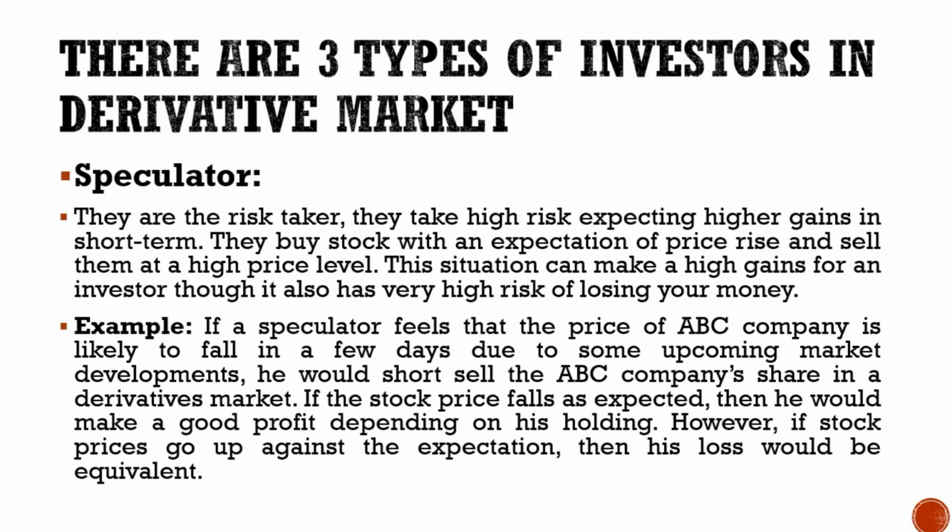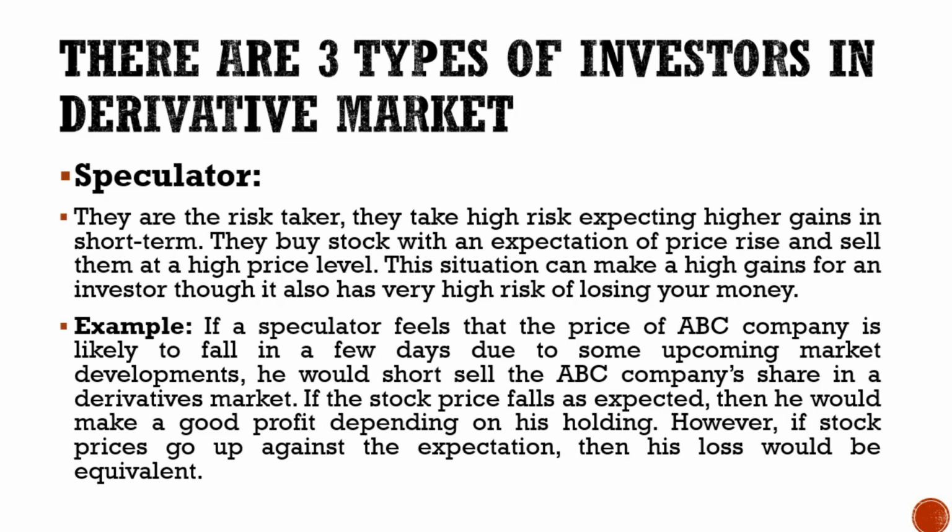If the stock price falls as expected, then he would make a good profit depending on his holding. However, if the stock price goes up against the expectation, then his loss would be equivalent.